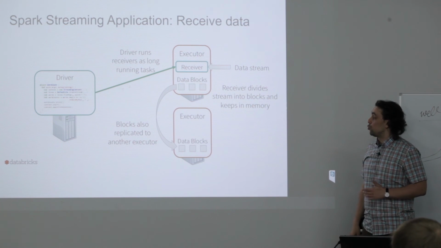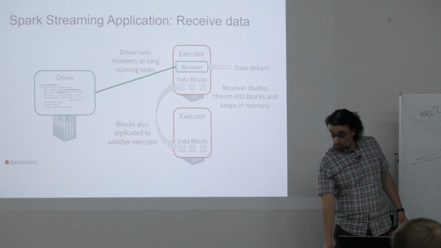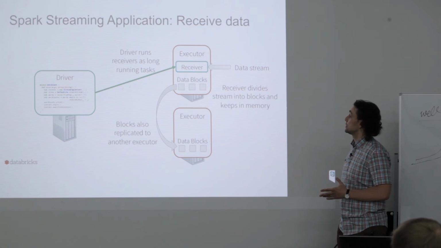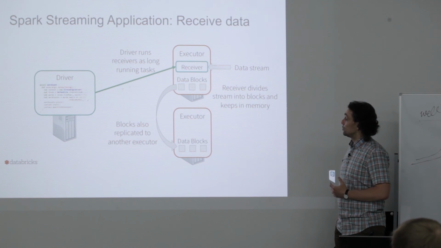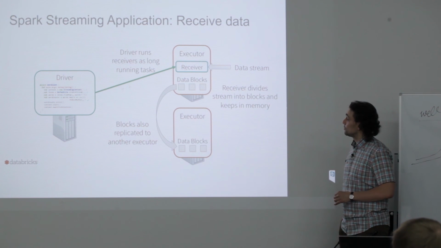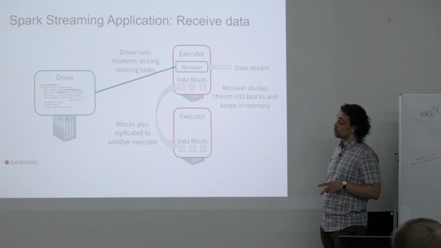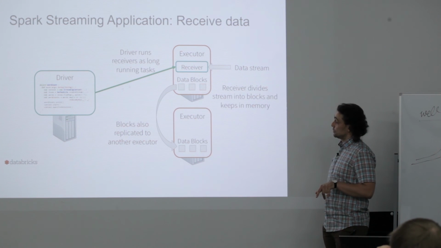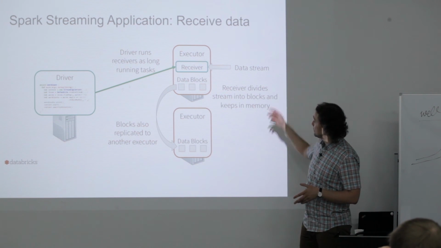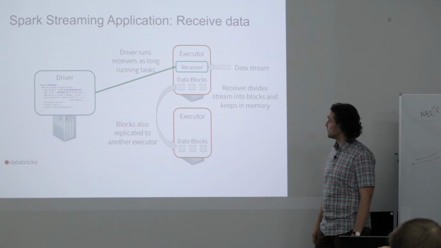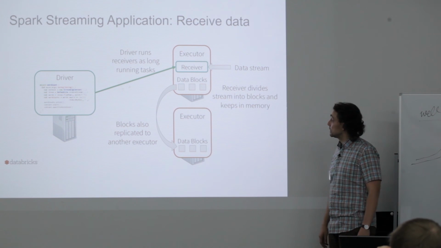So what should we do to guarantee some fault tolerance? By default, when you run a Spark streaming application, you should have two nodes. One node receives data, and another node replicates the incoming batches to guarantee fault tolerance.